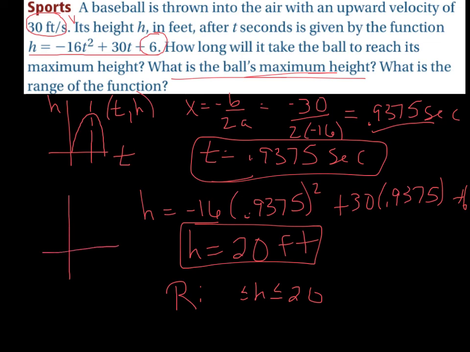So if we look at a rough sketch of our graph, it was thrown from 6 feet in the air and then it came down here. We're not really getting the full parabola. So our range is between 6 and 20. Okay? We'll do some more work with these problems involving this axis of symmetry tomorrow in class.